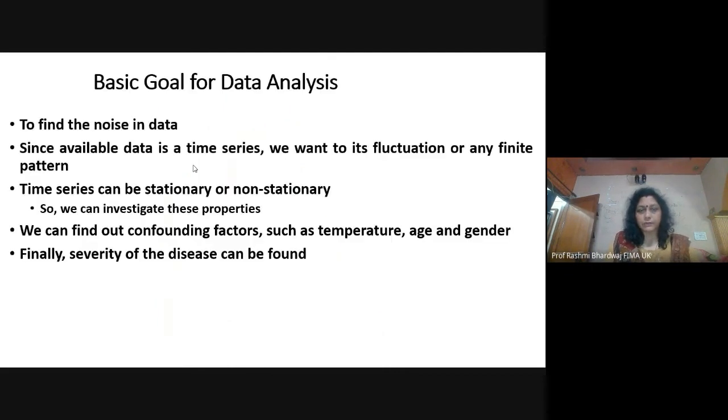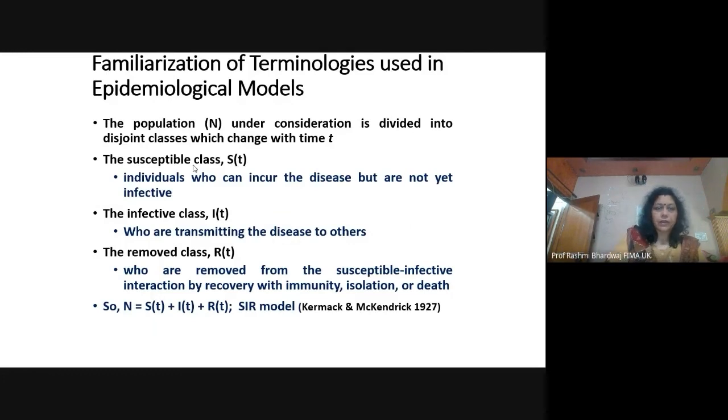So the basic goal, if we are checking it: here we take the population which we are considering for the disease, denoted as N. The susceptible class is denoted by S. The infected class is denoted by I. And the removed one is denoted by R. And the total population is nothing but the sum of all these three.